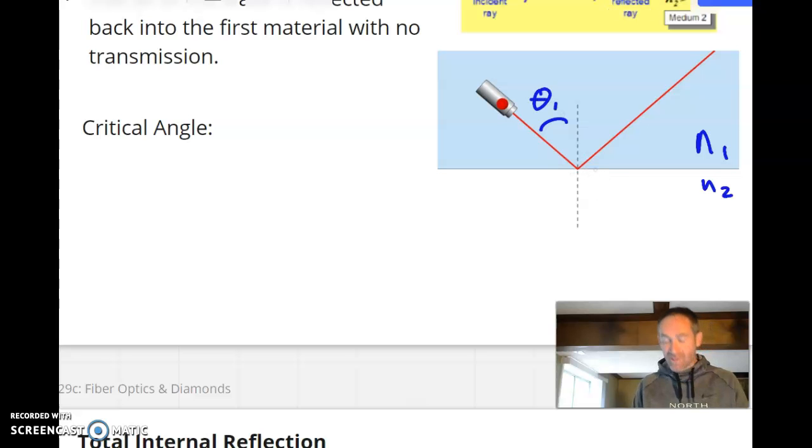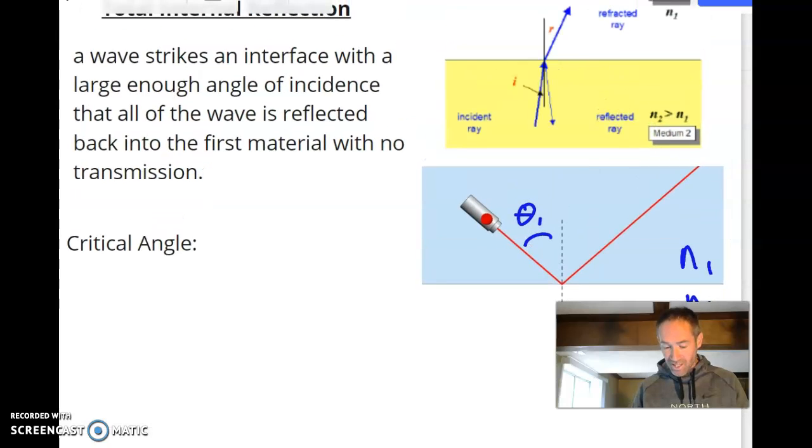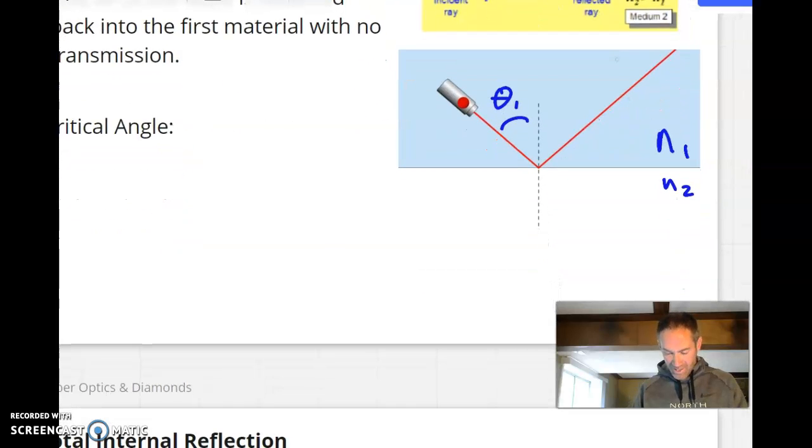And if you can remember from the simulator or even just from this animation that we just saw, when you get to the critical angle, you can see it right there. The refracted ray is refracted along the surface like this, so that the angle of refraction is 90 degrees whenever you're at the critical angle of incidence.